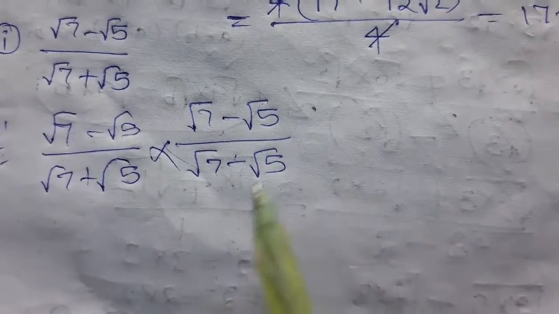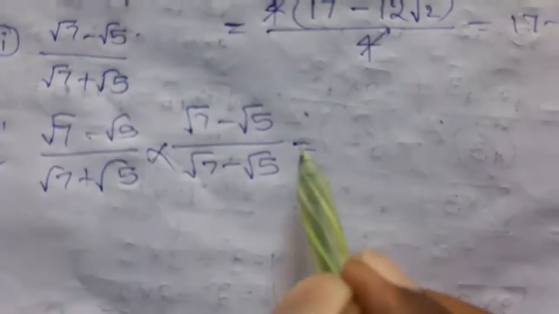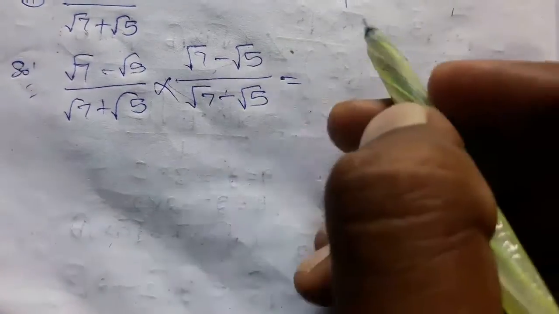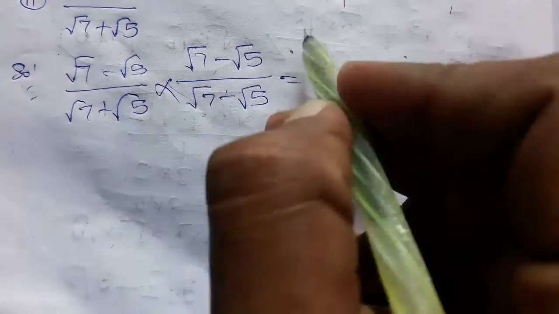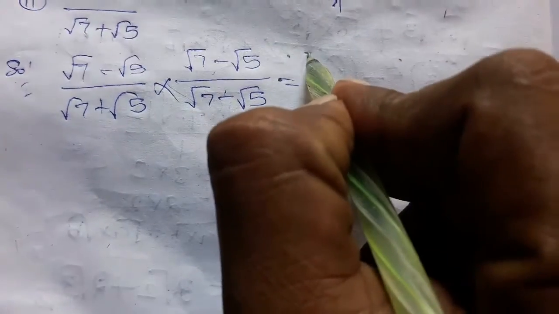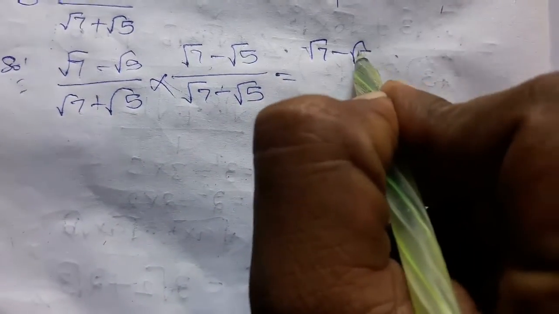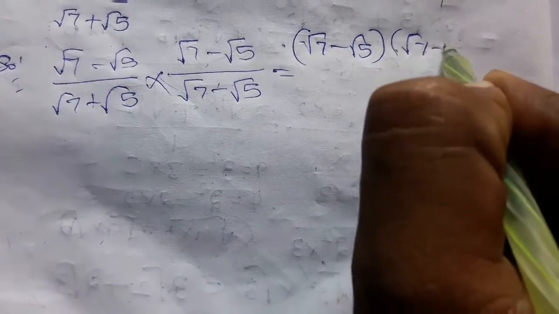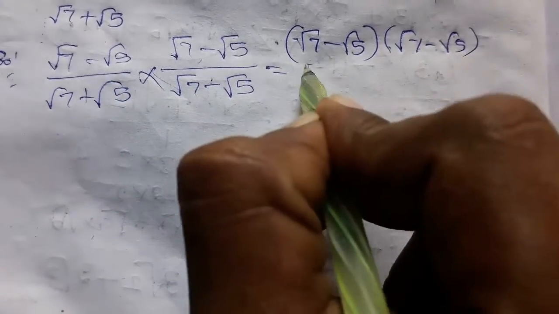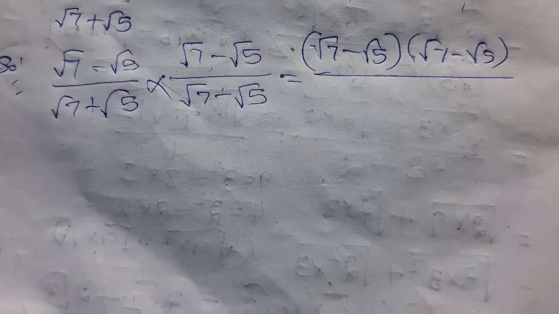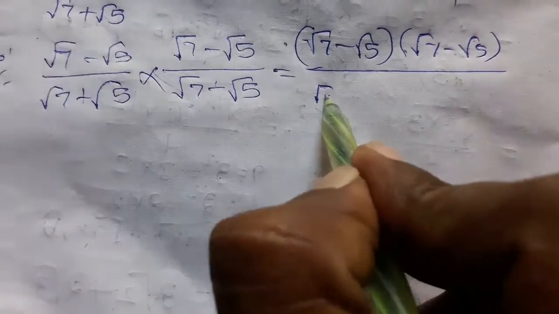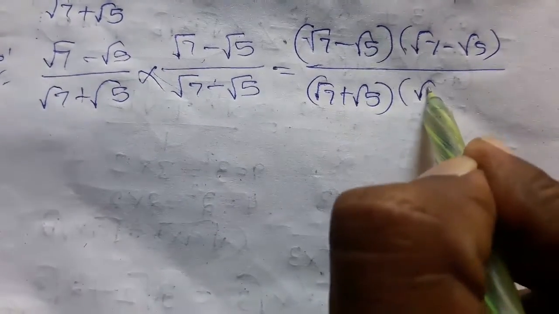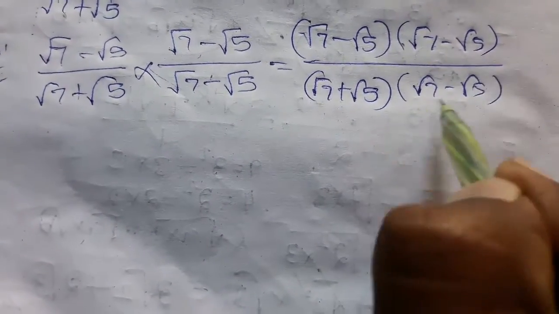Rationalizing with this becomes (root 7 minus root 5) into (root 7 minus root 5) by (root 7 plus root 5) into (root 7 minus root 5).